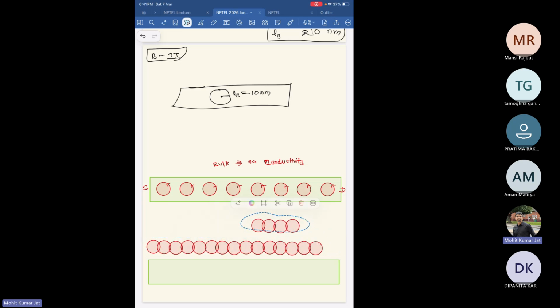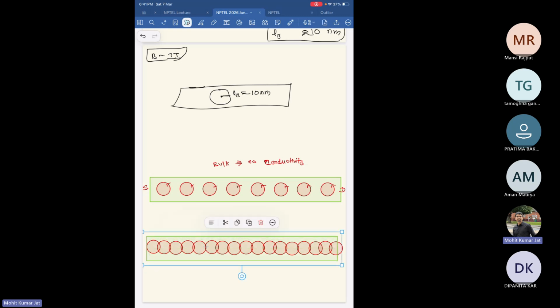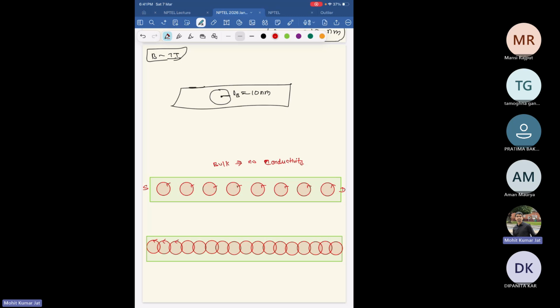Essentially what I want to say is that if you have intercrossing orbits, now from this point electrons are moving like this, right? Then they can jump on this one, then they can jump on this one, and the electron now can move by hopping, by jumping from one orbit to another.